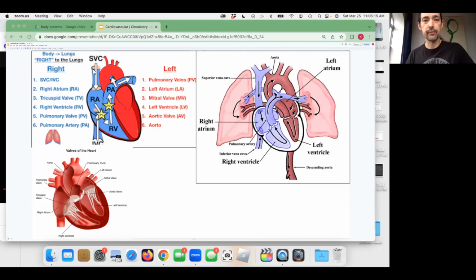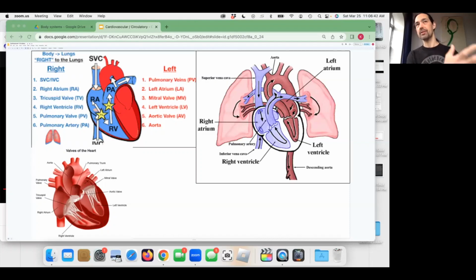Remember superior and inferior vena cava and the aorta with the ascending and descending parts of the aorta. Those are to feed the upper and the lower parts of the body, to oxygenate the upper and the lower parts of the body. The right side, say this after me, the right side receives deoxygenated blood and sends deoxygenated blood to the lungs.